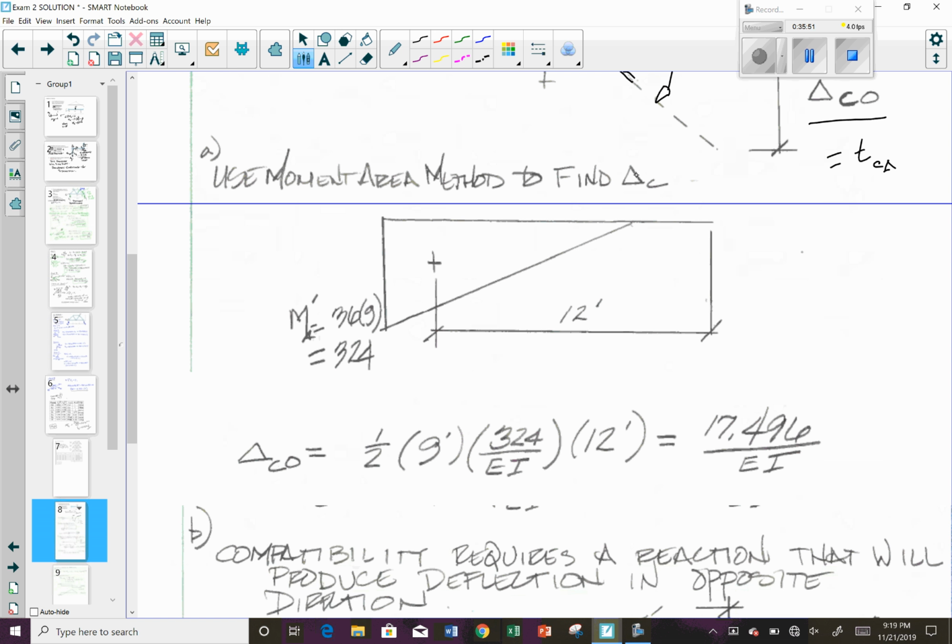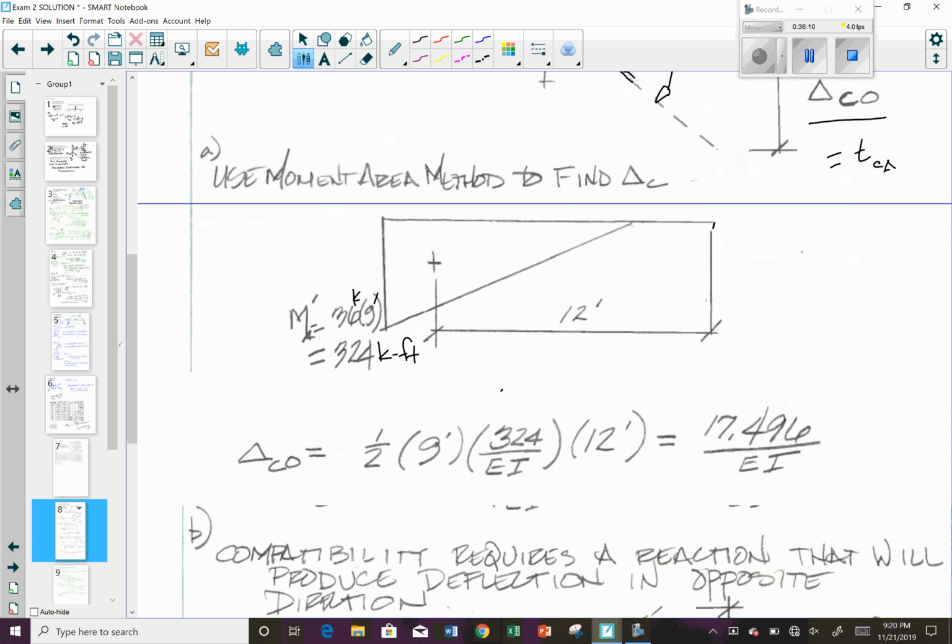This is your point load right here. That's going to give you a moment of 36 kips times 9 feet. This comes out to 324 kip feet. My moment looks like this.